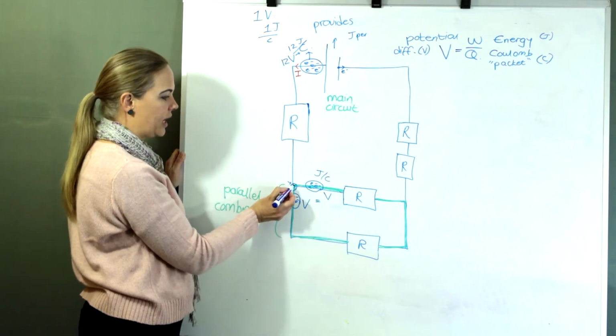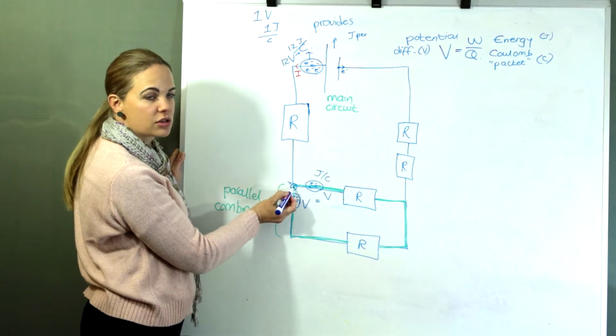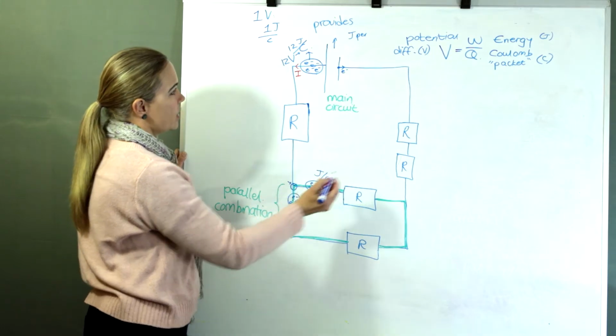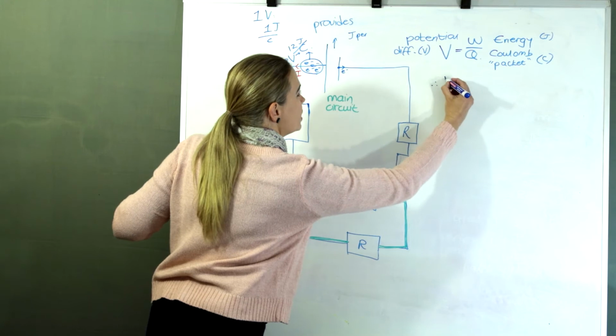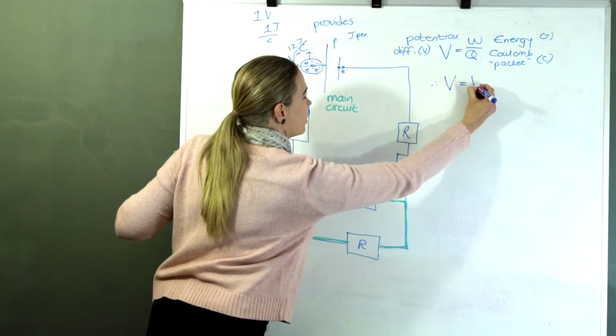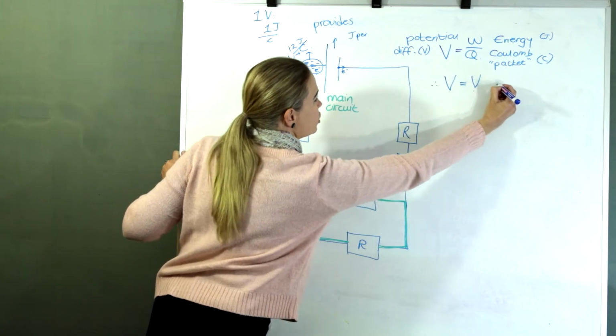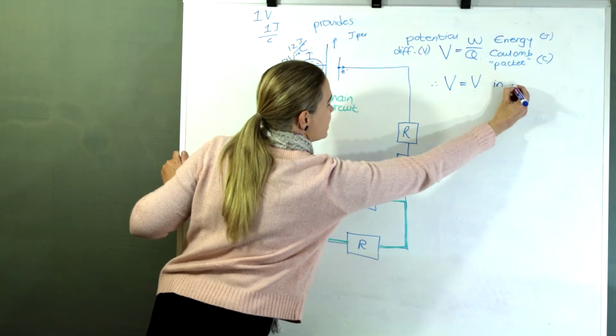Again, because there's nothing at this junction that uses up any volts. So the first rule is volt. Potential difference for each branch will be the same.